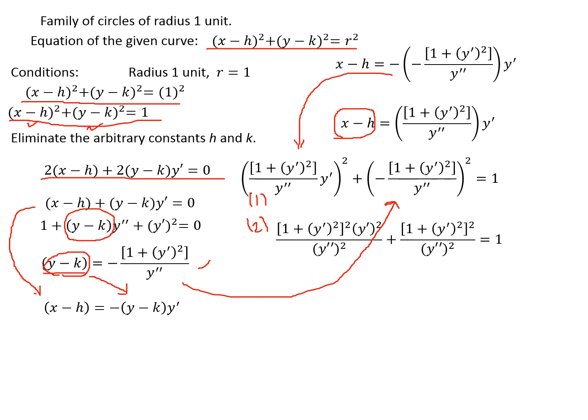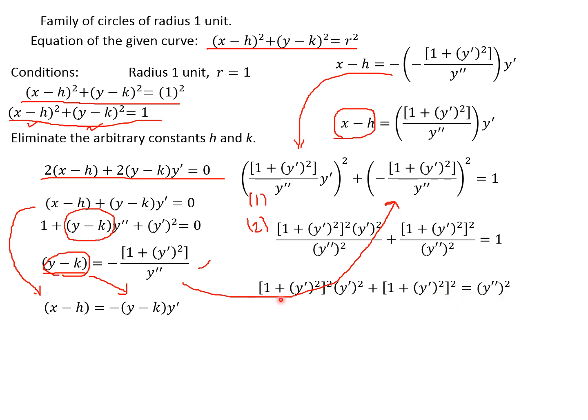And finally, simplifying, what do you get? 1 plus y prime squared times y prime squared over y double prime squared plus 1 plus y prime squared over y double prime squared is 1. Transferring y double prime squared to the right, you get what? 1 plus y prime squared times y prime squared plus 1 plus y prime squared is y double prime squared.